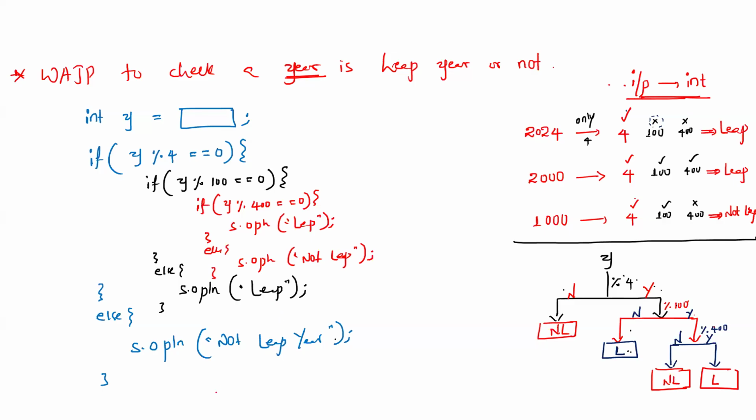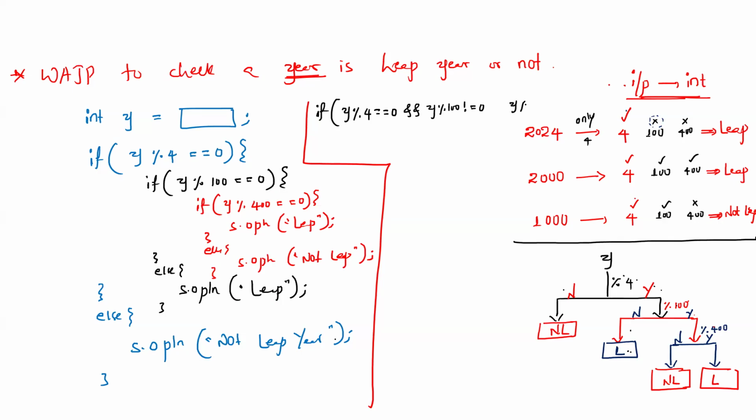Yeah. So this is one way. There is another way with the help of compound conditions also. I'll just tell you the logic. I want you to understand this. If year is an input, y is an input, then if y modulo 4 double equals 0 and y modulo 100 not equals 0, then y modulo 400 double equals 0.